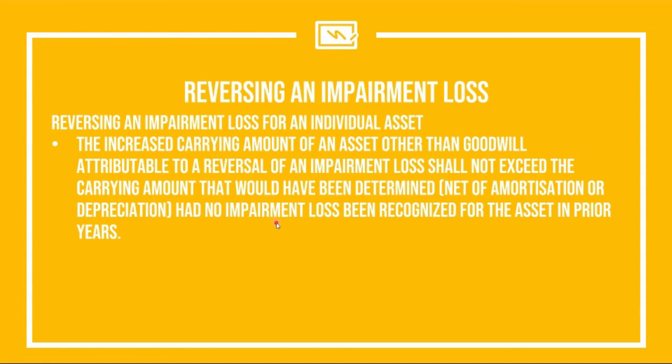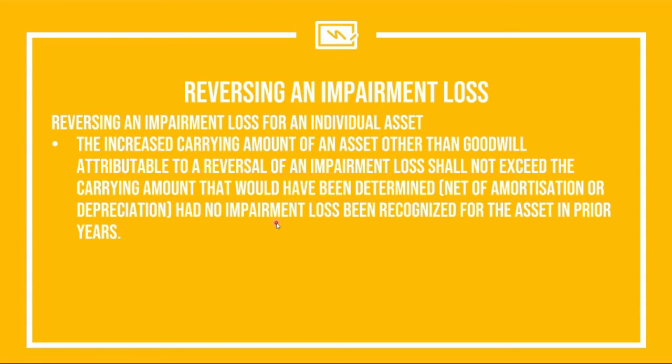Okay? Now, let us have another example. Let's say, for example, the current carrying amount is 1 million, the carrying amount if there was no impairment loss was 1,500,000, and the recoverable amount that was computed was 1,300,000. How much then is the reversal of impairment loss?